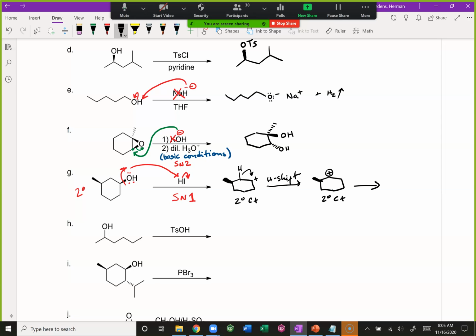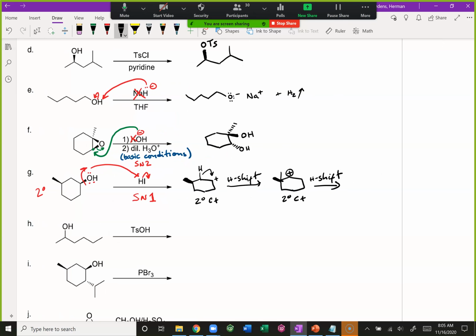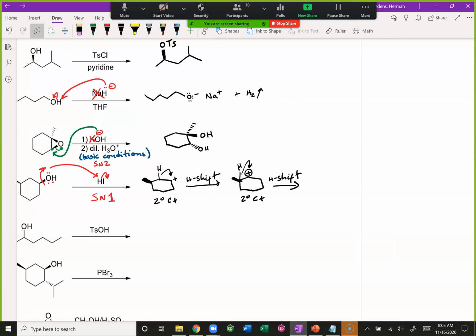Then you have another hydride shift, from here to here, and then you get this tertiary carbocation, right?